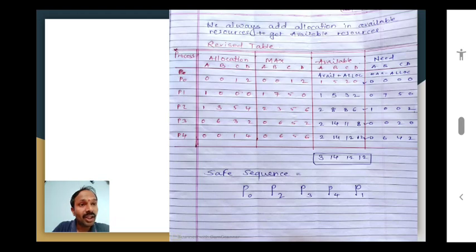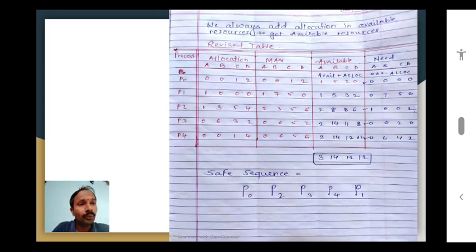Now we are checking that the need for P0 was 0000 and the available resources for P0 were 1520. So I am respectively talking about A, B, C and D resources. Here it is clear for all the remaining processes.